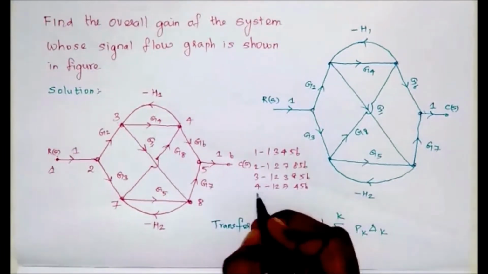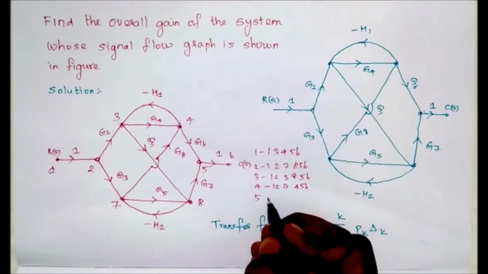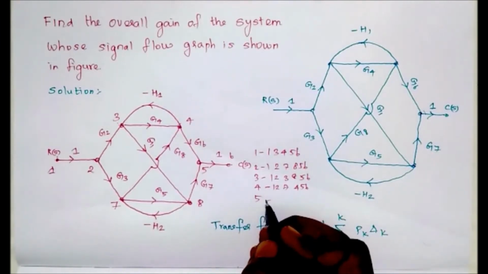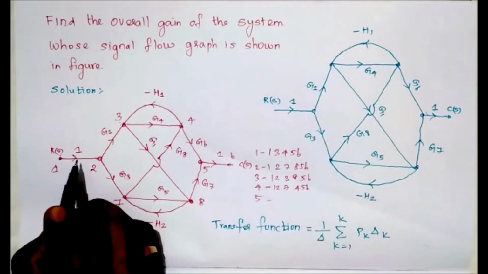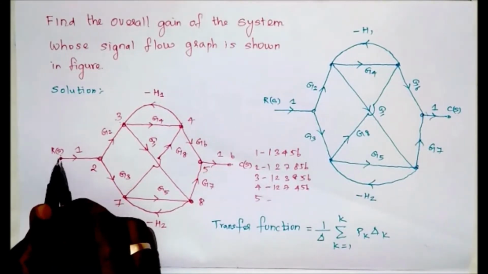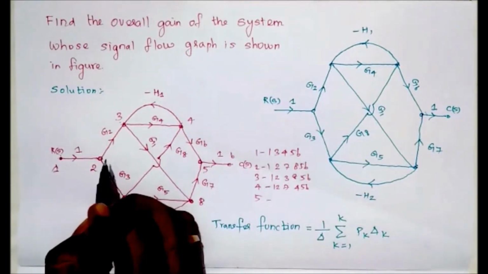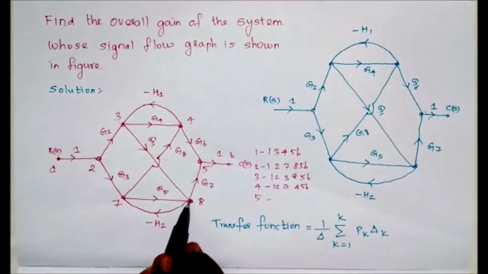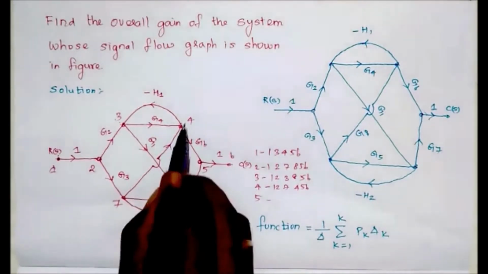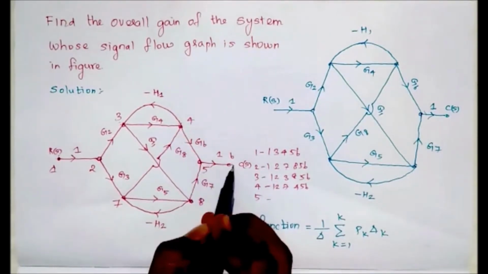Next, the fifth forward path. By seeing the arrow mark we can identify. This is the input from 1 to 2. Next, 2 to 3, 3 to 8, 8 to 7, 7 to 4, 4 to 5, 5 to 6.